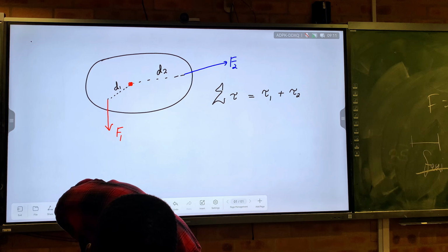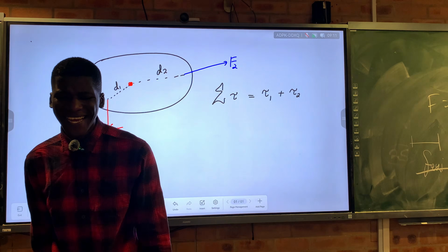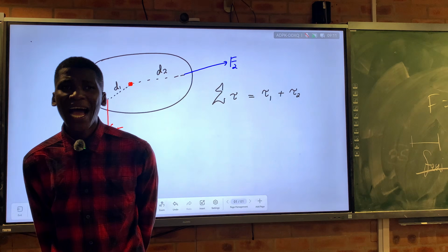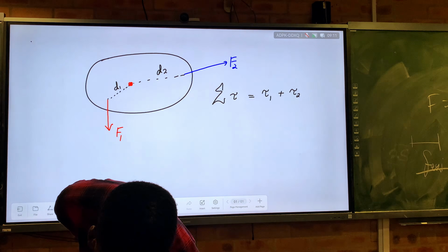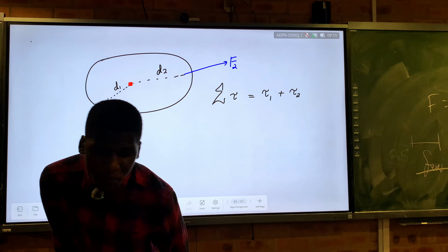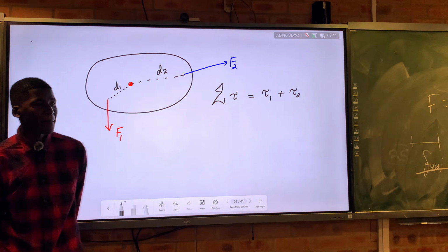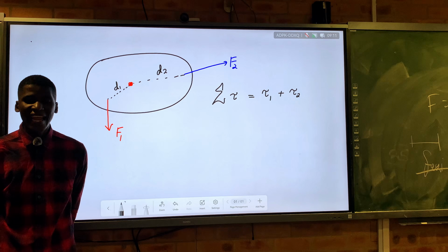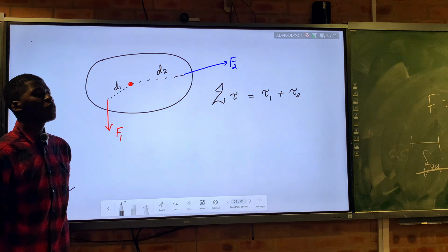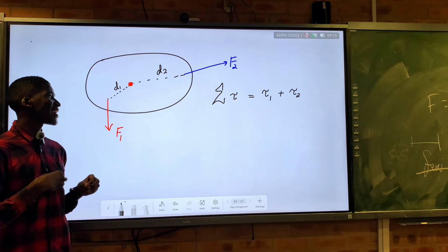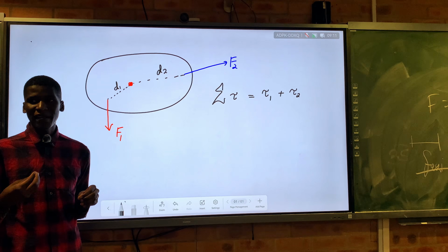Now when we add these torques, we need to know how we assign directions to a torque. Because we said torque is a vector quantity, so it must have magnitude and also direction. So we must look at the resultant motion that is caused by that force.